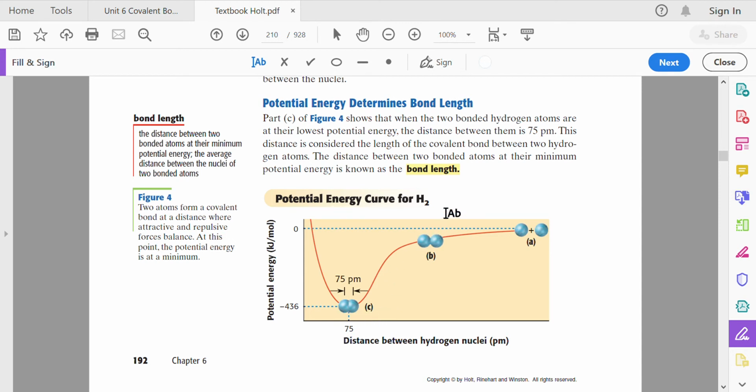For the hydrogen molecule, they are optimally 75 picometers apart. If we try to push them even closer, though, then the nucleus-nucleus repulsion takes over and the potential energy actually goes up. And we can't push them closer together. So it goes up and it might roll back down, and then it rolls back and forth until it comes to this optimal distance.